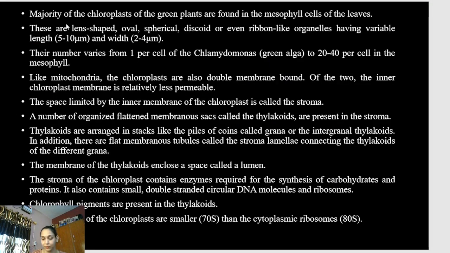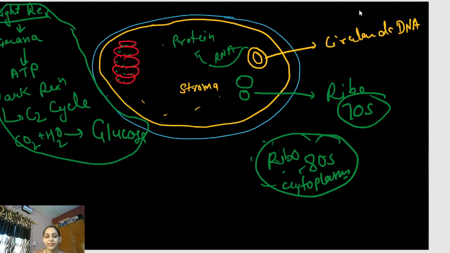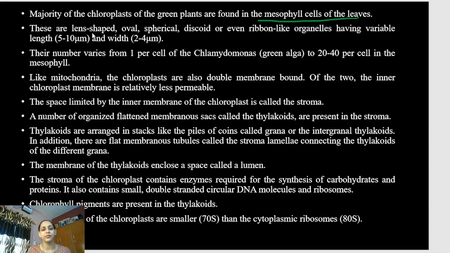Let's go. Majority of the chloroplasts of the green plants are found in the mesophyll cells. अब mesophyll cells in the leaves में होती हैं, उनमें क्लोरोप्लास्ट होते हैं। अब इनका नंबर वेरी करेगा, जैसे 1 to 20, 20 to 40 भी हो सकता है, 1 भी हो सकता है किसी में। These are lens shaped, oval, spherical, discoid, even ribbon-like organelles having variable length and width.